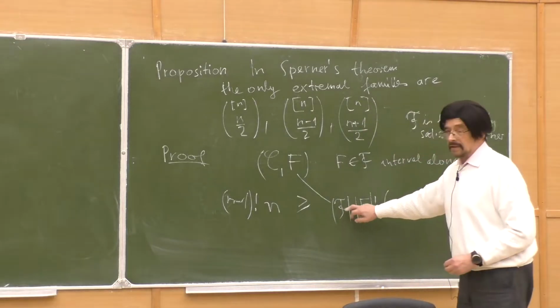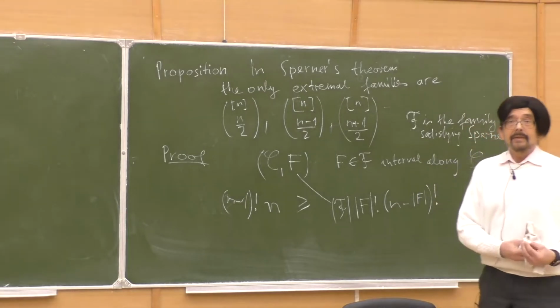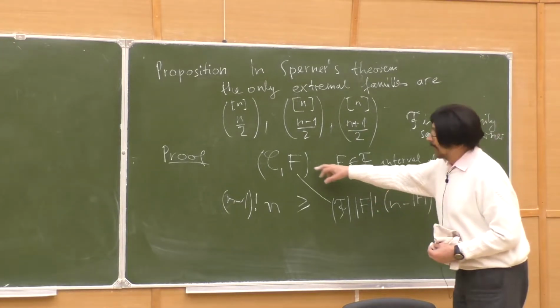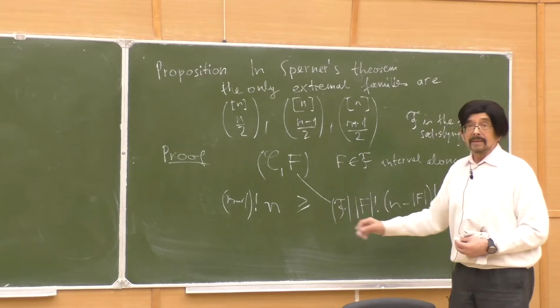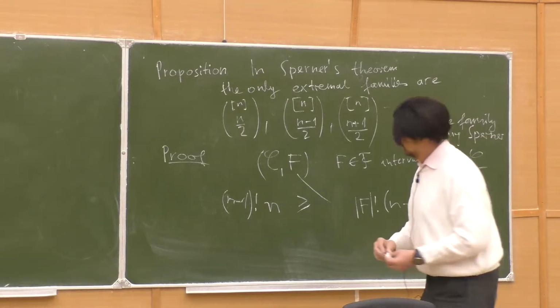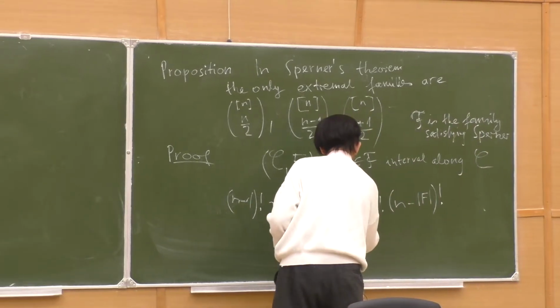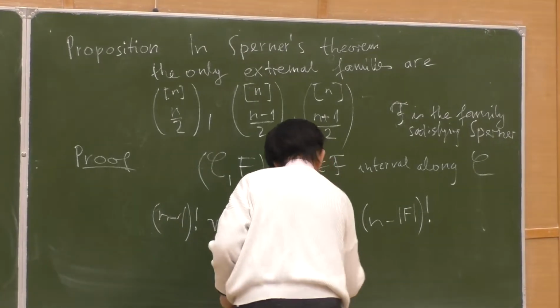So this was wrong here. This f, I'm sorry, because when we fix one f, then we get different numbers. So it's a sum. So this is an error here. So this is the correct one.